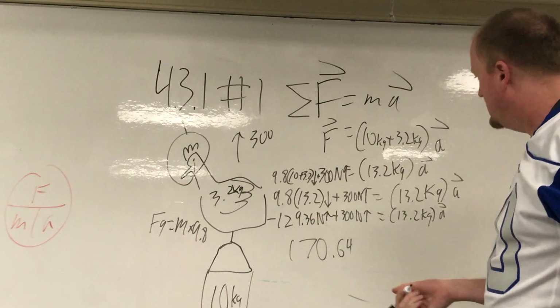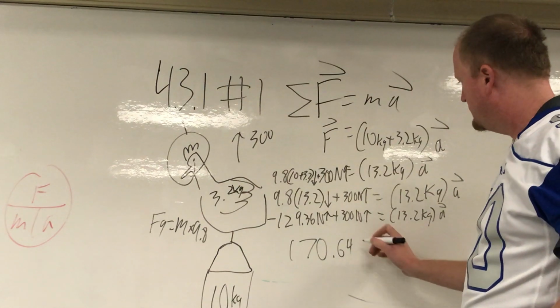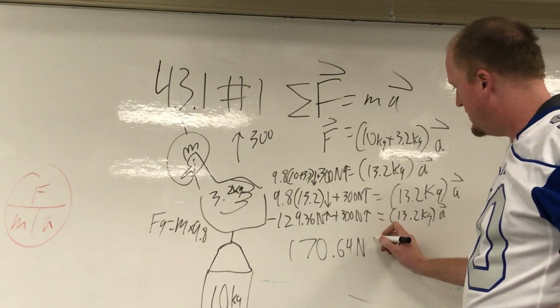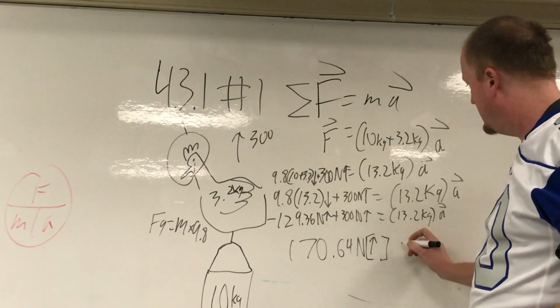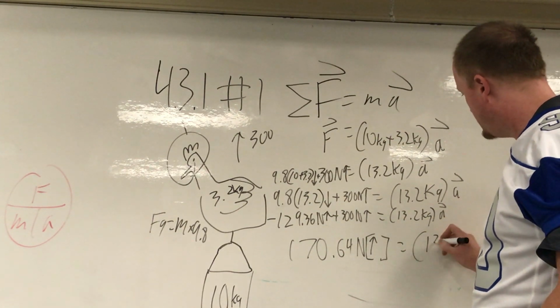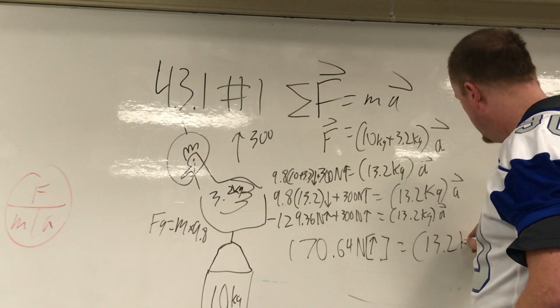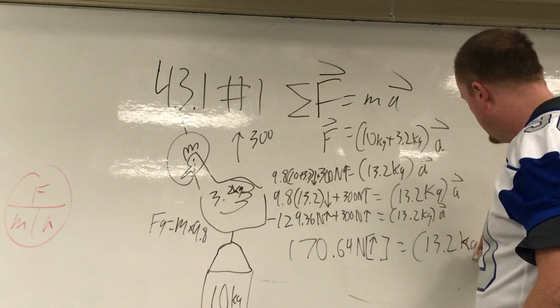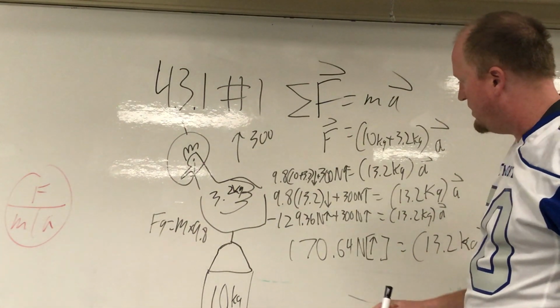Yeah, 64 newtons. So, that is newtons, and the direction is upward, right? And that equals 13.2 kg times the acceleration, the thing we're always trying to find, right?